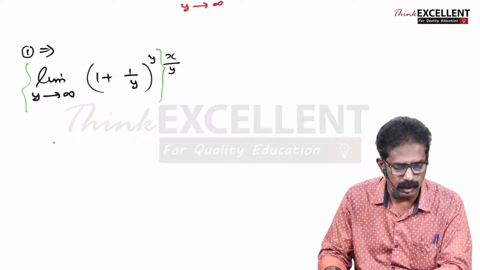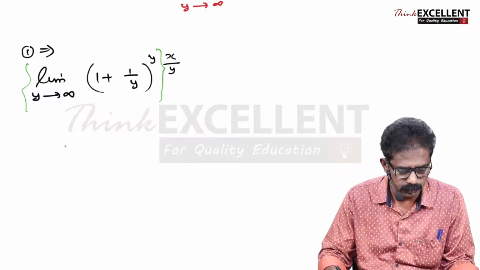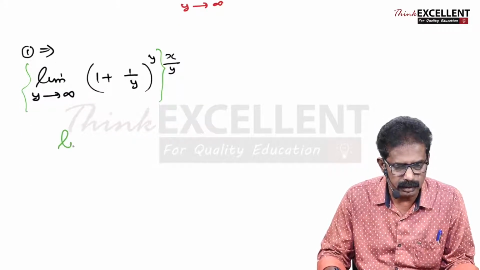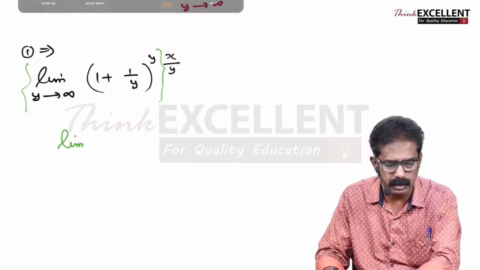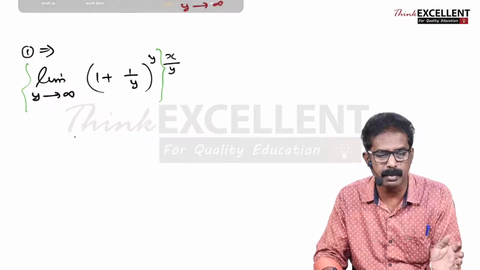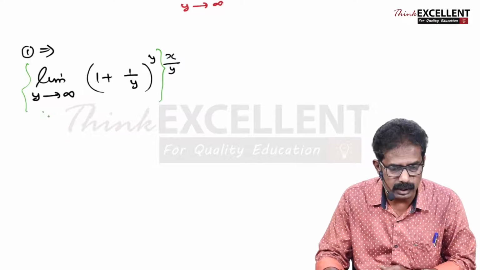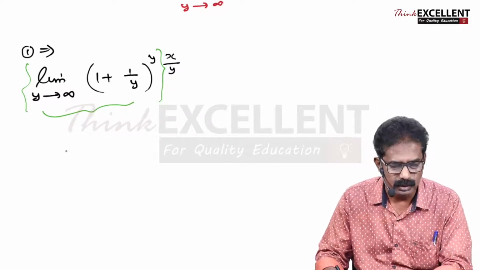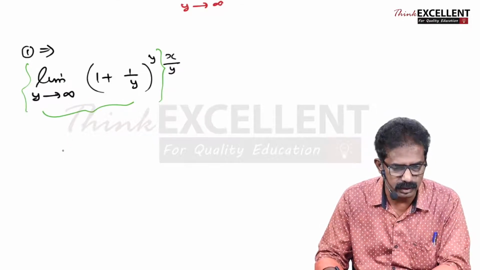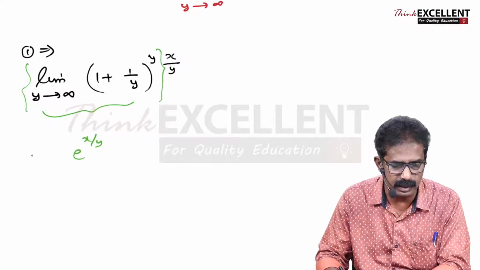For this part you can write the power, multiply by y and divide by y. So this part is actually e, right? So this is now e raised to x by y, but still the limit is there, right?